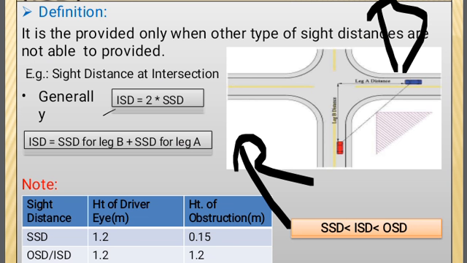To stop the vehicle at a particular point near the intersection without collision, some distance is needed or required by the driver to stop the vehicle. That distance near the approaching intersection is called lateral sight distance.